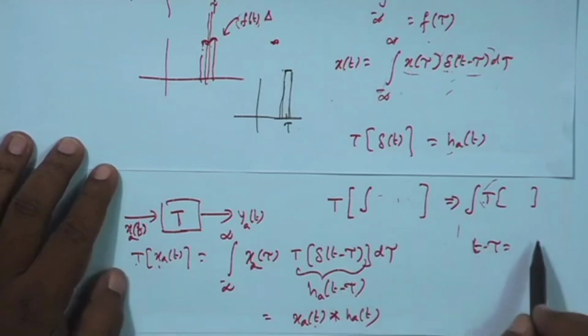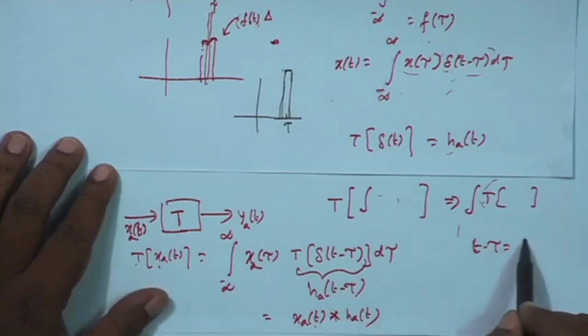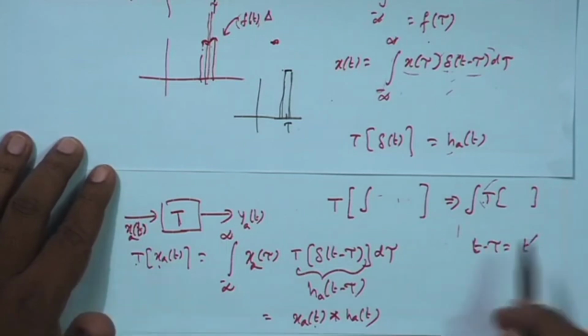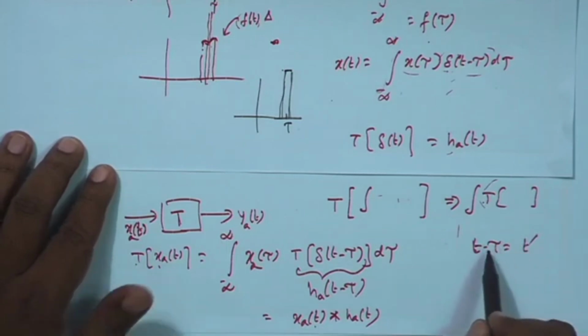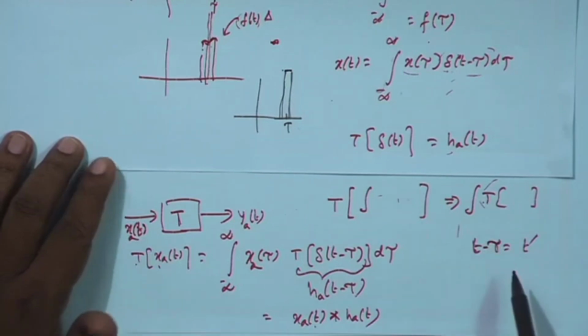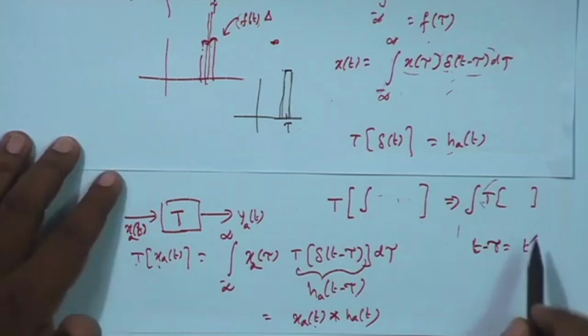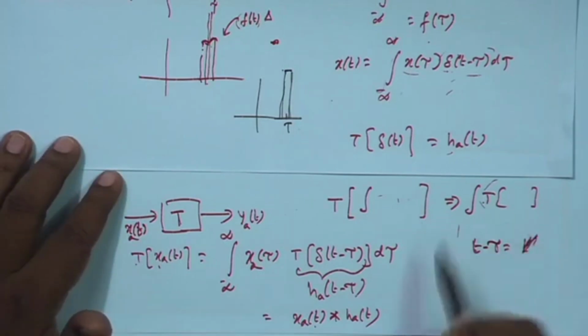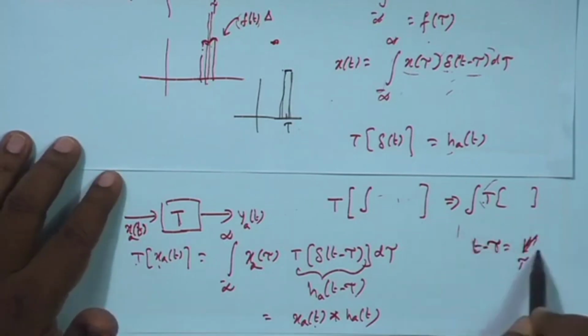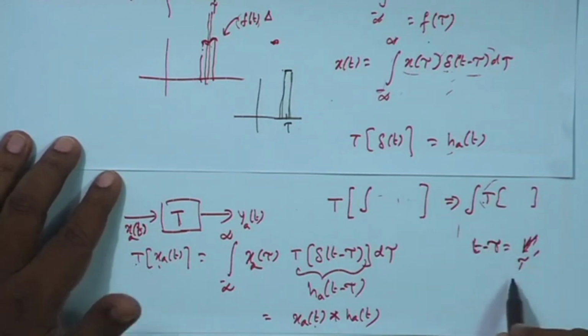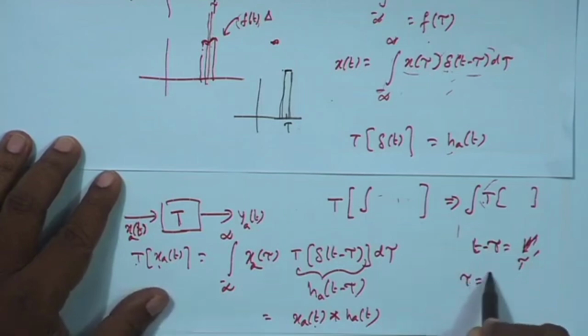But now, in this integral t minus tau, I can call it tau prime. So, tau will be t minus tau prime.